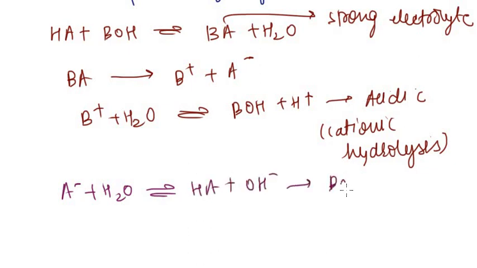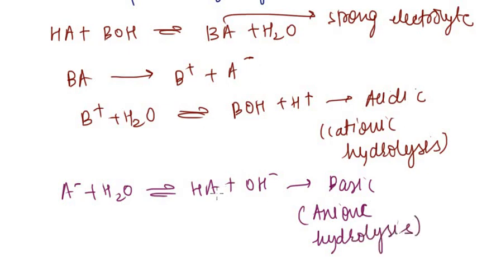So it is basic. It is actually anionic hydrolysis, where the anion is being hydrolyzed. So whenever the cation is hydrolyzed, it is called acidic hydrolysis. Whenever the anion is hydrolyzed, it is called basic hydrolysis, because it is releasing OH negative in water.